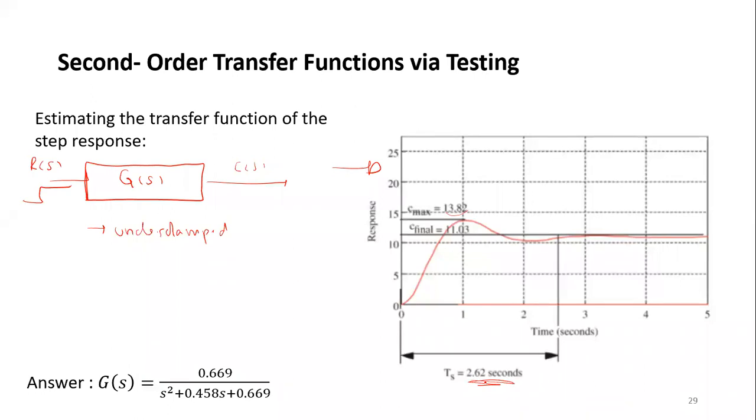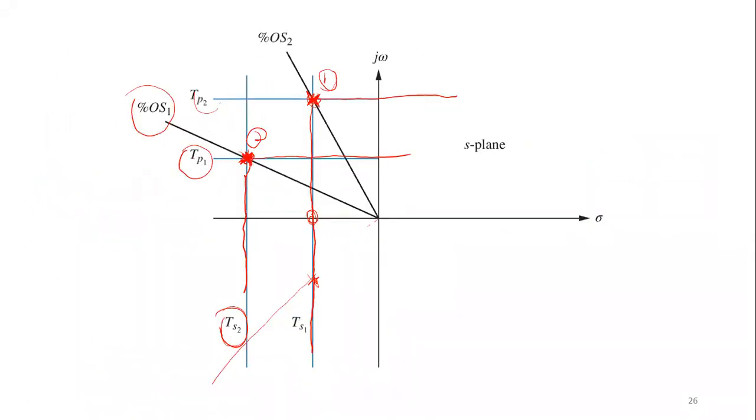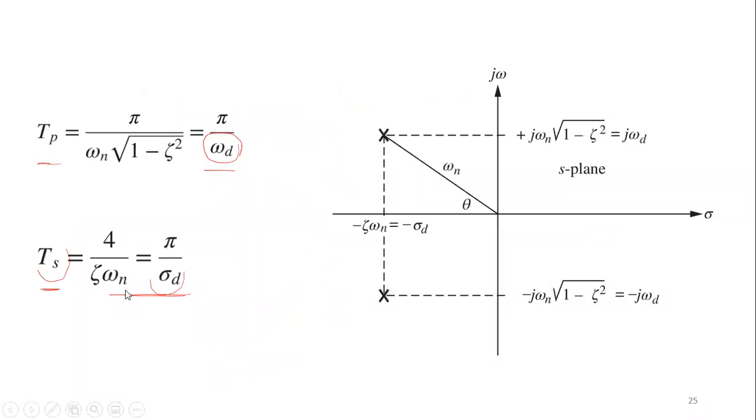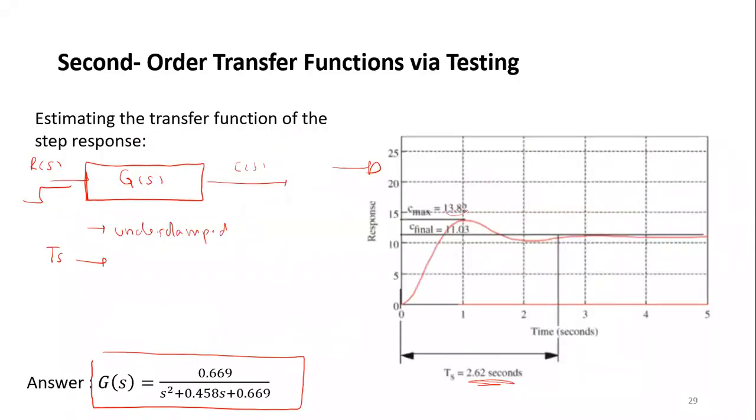You should be able to find the transfer function, which is 0.6. From this information from TS, you need to find the natural frequency. You know that TS is equal to 4 over damping ratio times natural frequency.